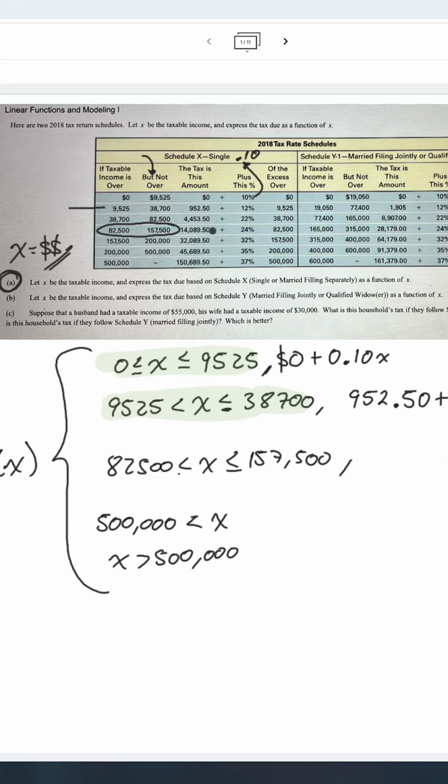All right, so the rule for this place is going to be that you have to pay 1489.50 plus 24% of your income. So it's going to be 0.24x, right?